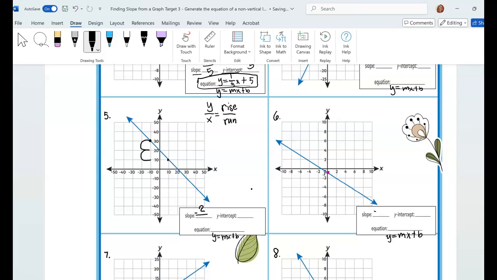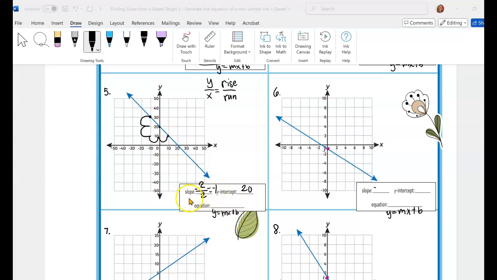Now we're going to run to the right. 1, 2. Okay, so -2 divided by 2 gives us -1 as a slope. And the y-intercept, where does it cross the y-axis? That trend line crosses at 20. Sure does. Okay, well, let's plug this information into our equation, shall we?